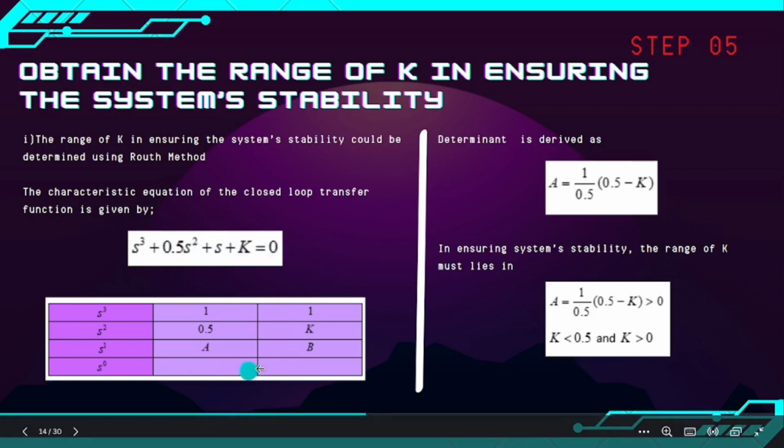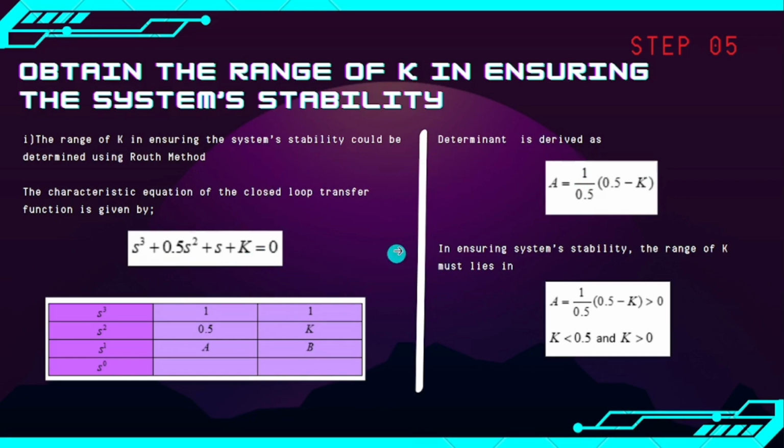We use the Routh table, and then we determine the determinant of this equation by this formula. To ensure system stability, we solve it and get K in the range between 0 and 0.5.